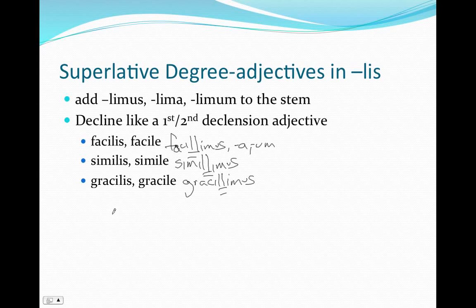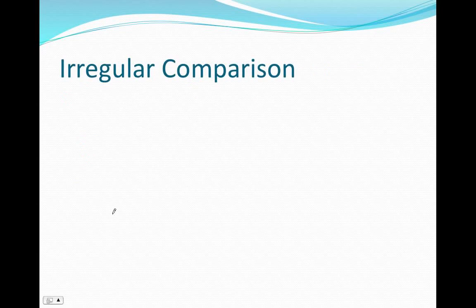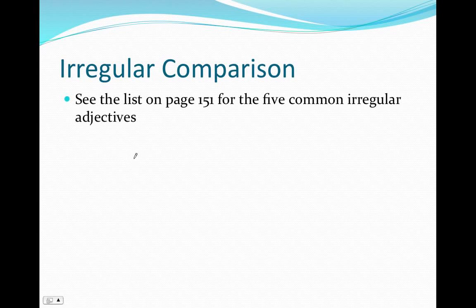Now, like English with good, better, best, Latin does have irregular comparatives, and you're just going to have to memorize these irregular comparatives. Now, these are found on a list on page 151 in Latin: An Intensive Course by Moreland and Fleischer.